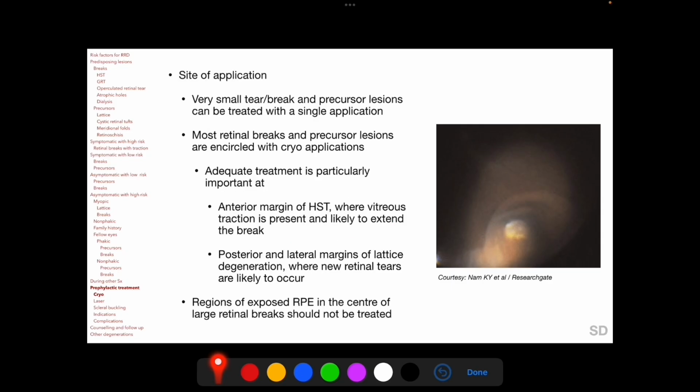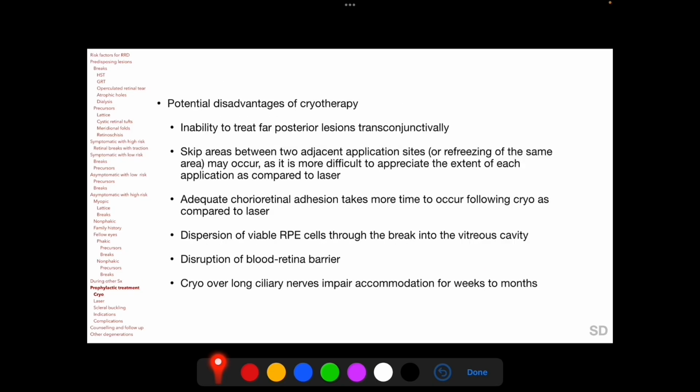As we have already mentioned, adequate treatment is particularly important at the anterior margin of HST, where vitreous traction is present and likely to extend the break, and also at posterior and lateral margins of lattice degenerations, where new retinal tears are likely to occur. Regions of exposed RPE in the center of large retinal breaks should not be treated to reduce dislodging and dispersing RPE cells into the vitreous cavity.